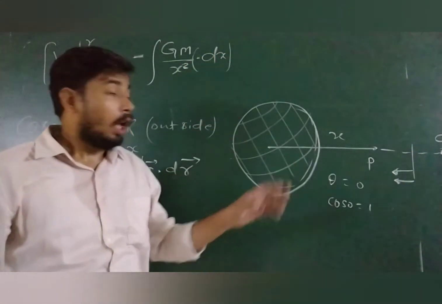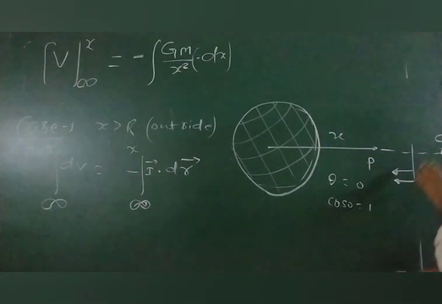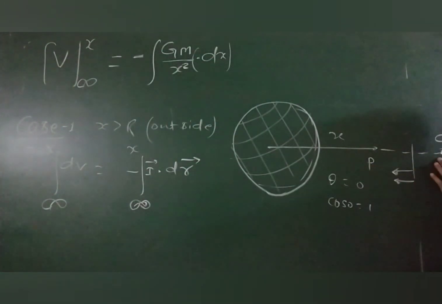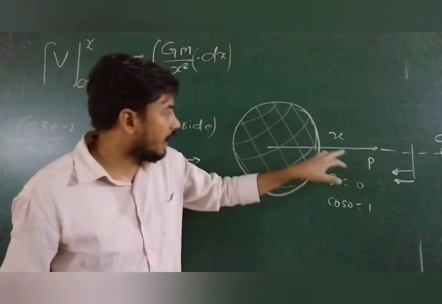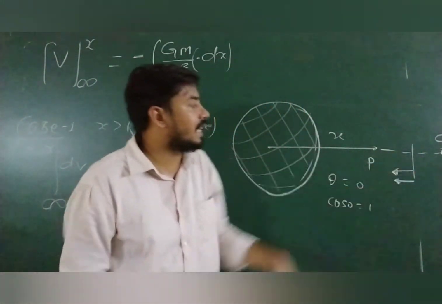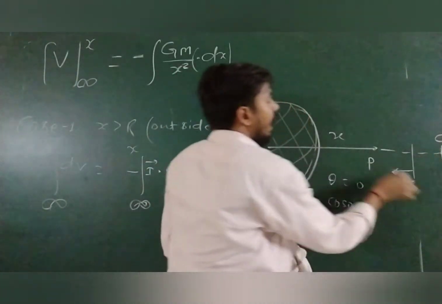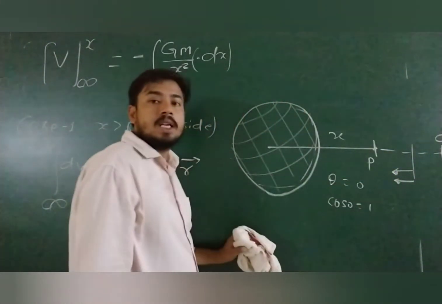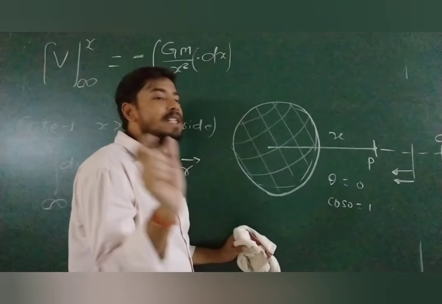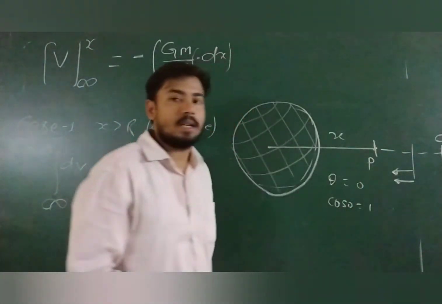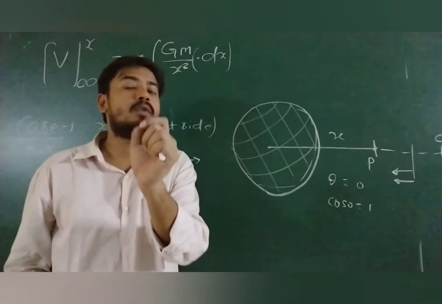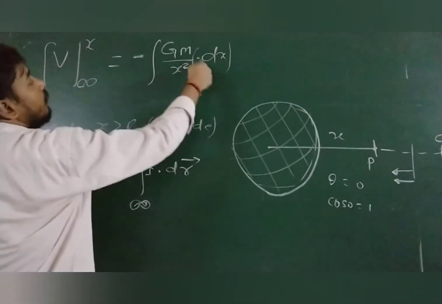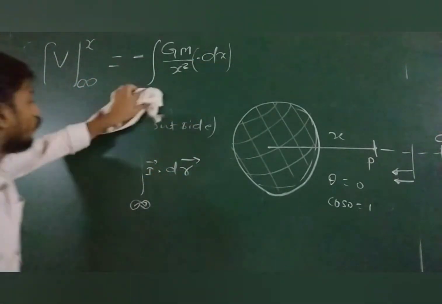Now you can ask why this minus. Because the particle is moving from a higher initial position to a lower final position. If you look at this diagram, suppose the particle is initially here, at infinity, and right now the final particle is here. Displacement is always final minus initial, so the initial position is always greater than the final position, and this result will always be negative.